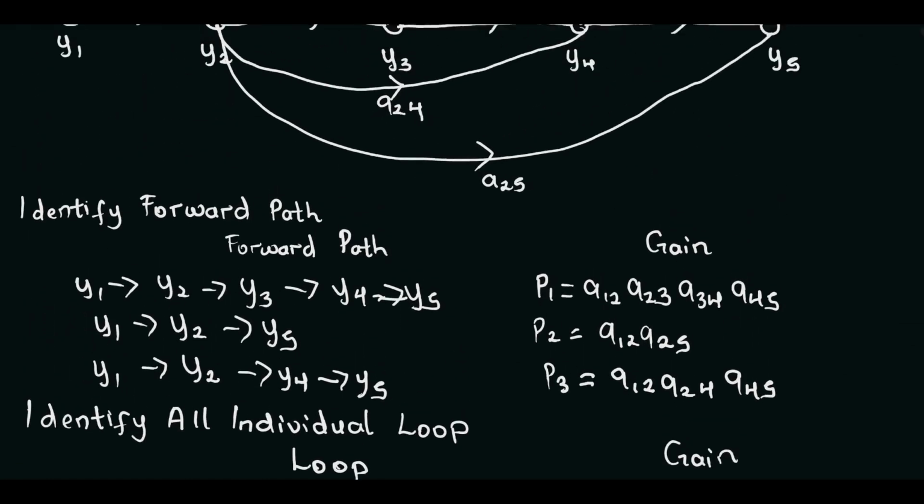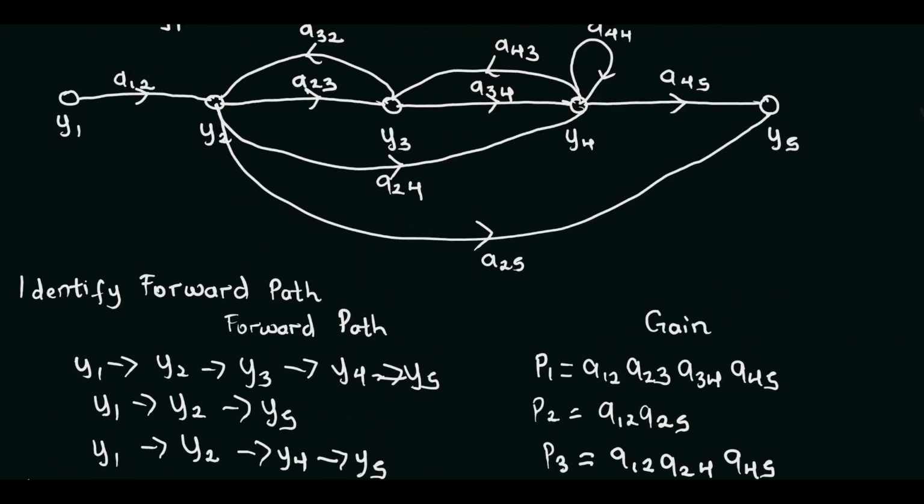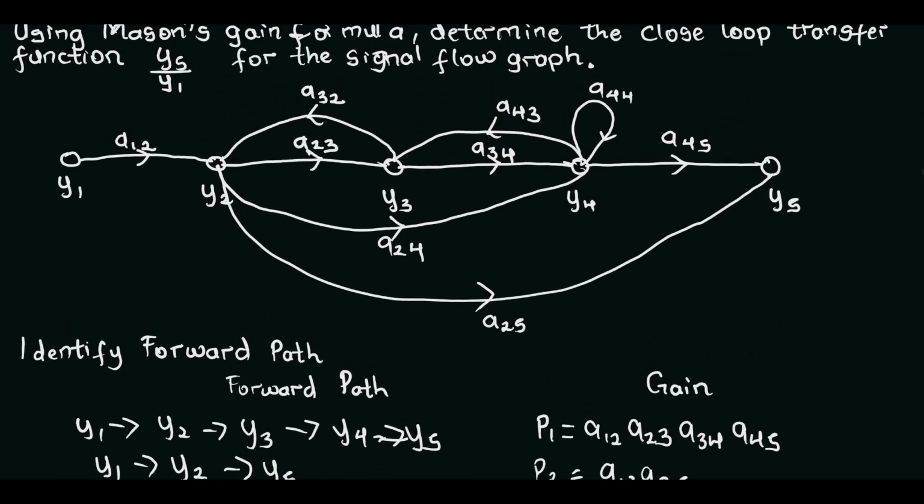Let's look at the loops. The first loop, we have this going from Y2 to Y3, then back to Y2. And you have another one, Y3 to Y4, then back to Y3. Then you have this other one, Y4 back to Y4.